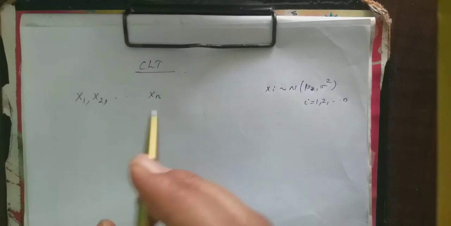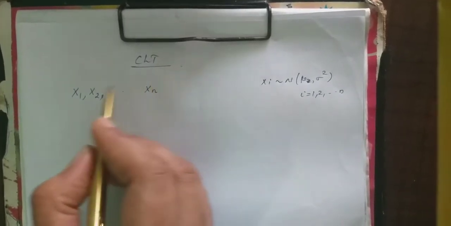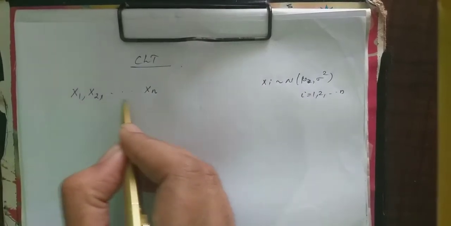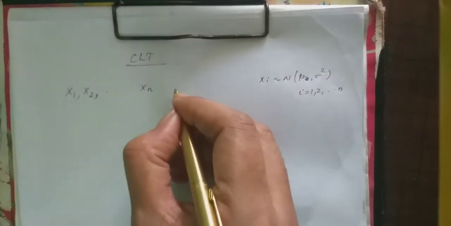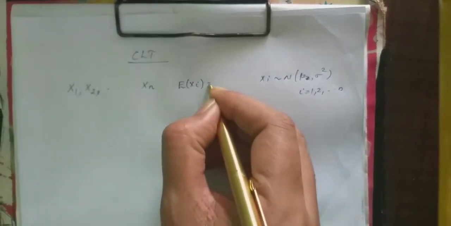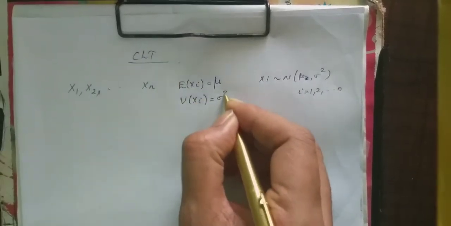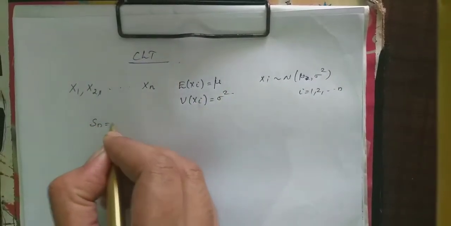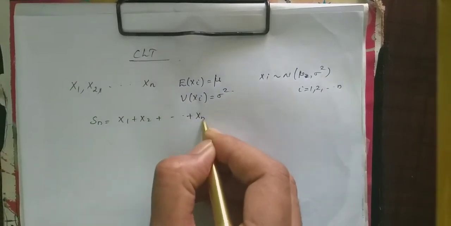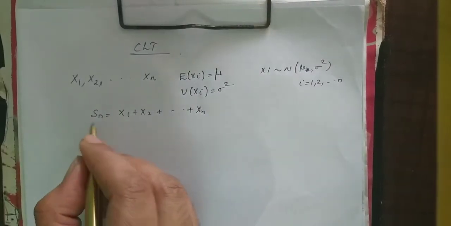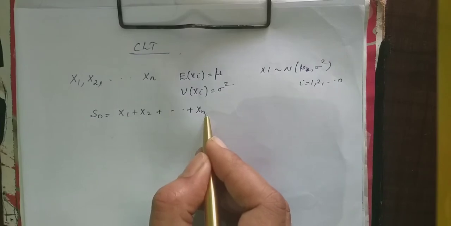Okay, here is the Lindeberg-Levy form of the central limit theorem. The statement is, if x1, x2, etc., xn are independently and identically distributed with expectation of xi equal to mu and variance of xi equal to sigma square, and let us take Sn, the sum of these random variables x1 plus x2 plus etc. plus xn, then Sn is also asymptotically normal.